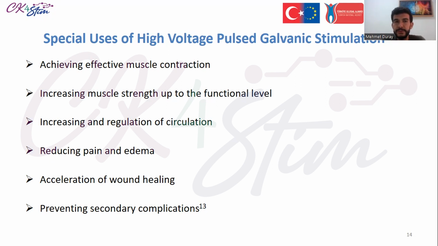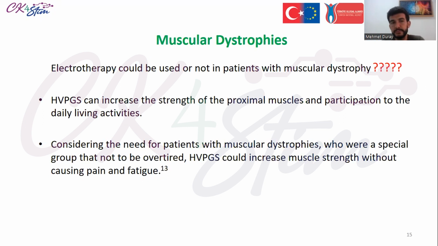You can use high voltage pulse galvanic stimulation for increasing and regulation of circulation. It is used for reducing pain and edema, acceleration of wound healing, and especially preventing secondary complications.